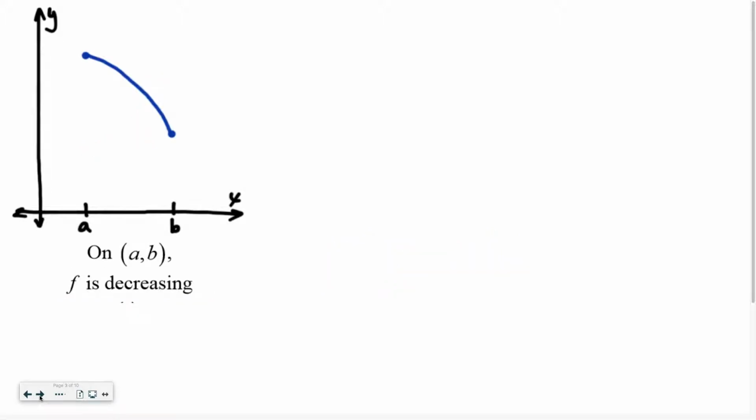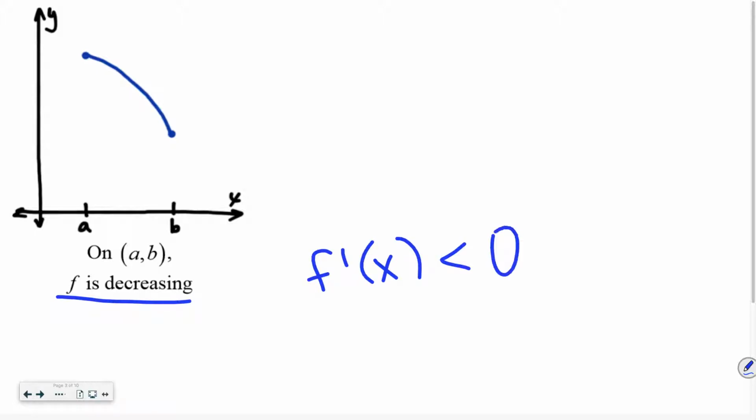Our function could be decreasing. And if our function is decreasing, what do we know about the slopes? If f is decreasing, we know our slopes, our derivative, is less than 0.